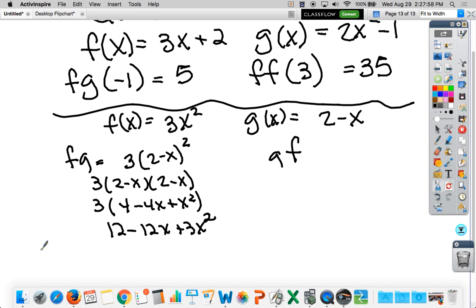Now your g of f, you're taking the f first. I'd like to put them in parentheses. That's going right there, so that just needs that, nothing to distribute. So that's your g of f.